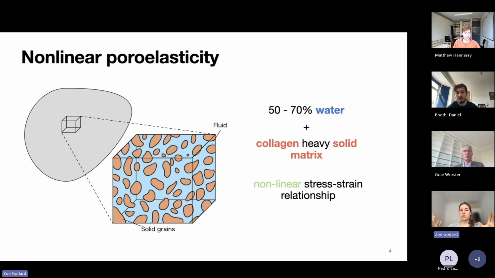So you can imagine a sponge, which can represent your dry solid skeleton, and then if you put it in a bath of fluid, then the fluid is going to fill the pores, and then you get this poroelastic material. And very often we consider the solid grains to be incompressible, which is our case, but then the solid skeleton as a whole is going to be compressible through pore rearrangement.